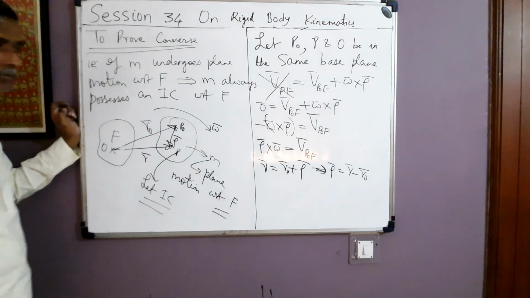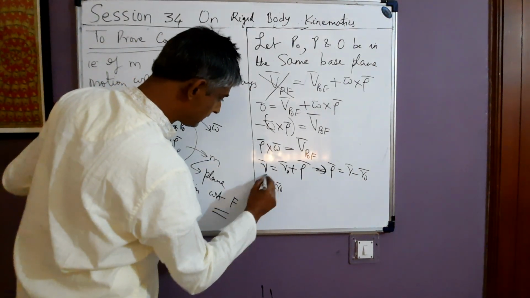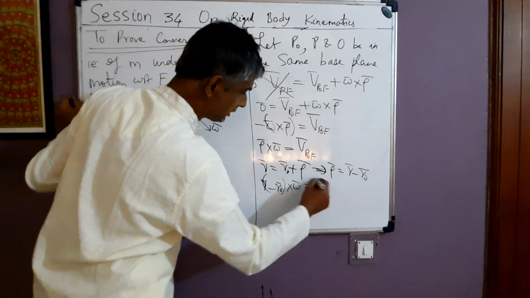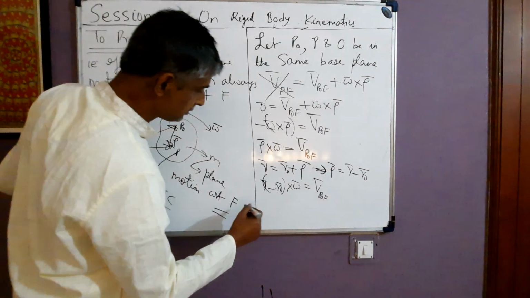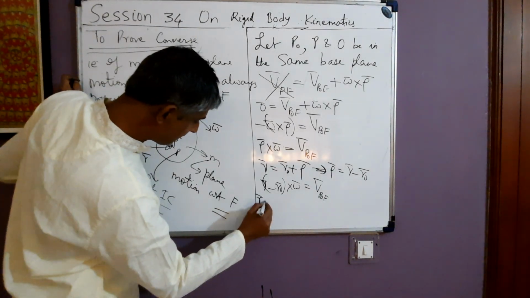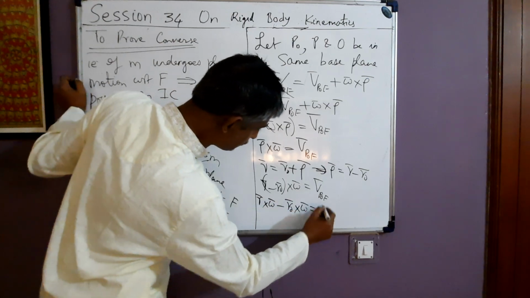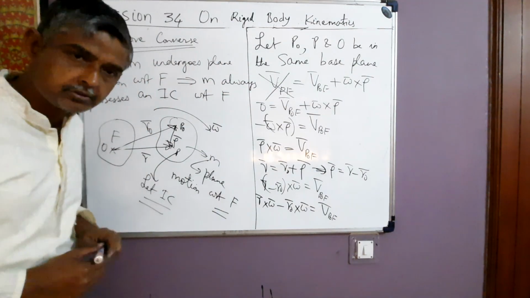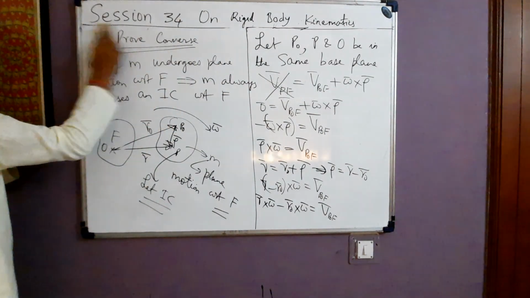I substitute this rho here: R minus R naught cross omega is equal to Vp naught F. So this becomes r cross omega minus r naught cross omega is equal to Vp naught F.